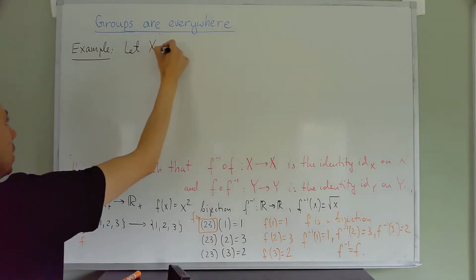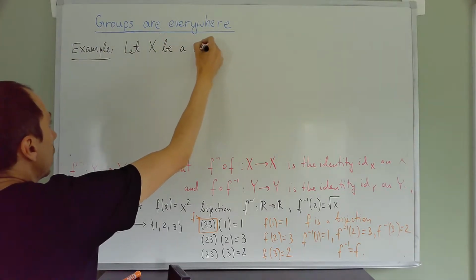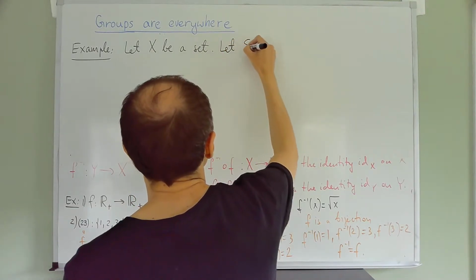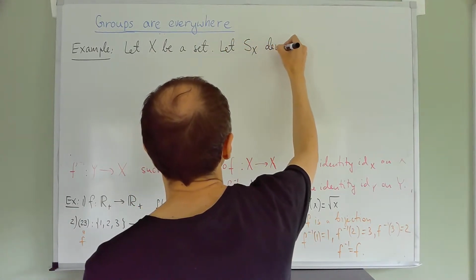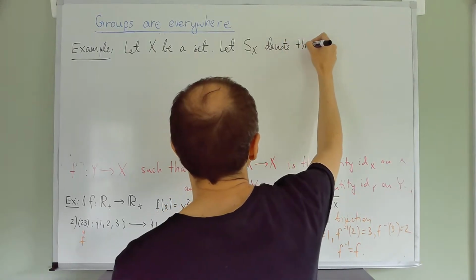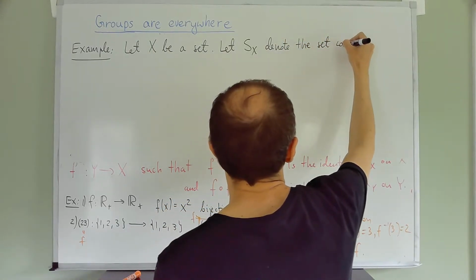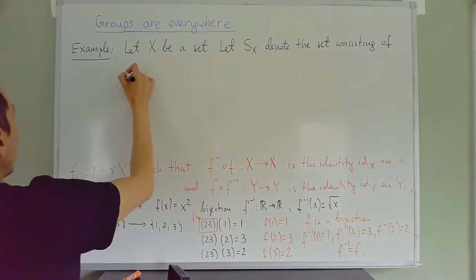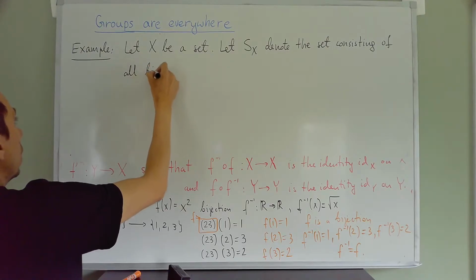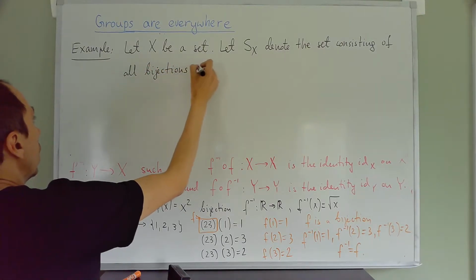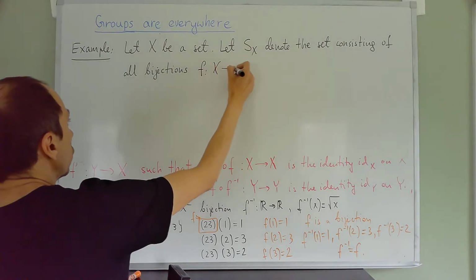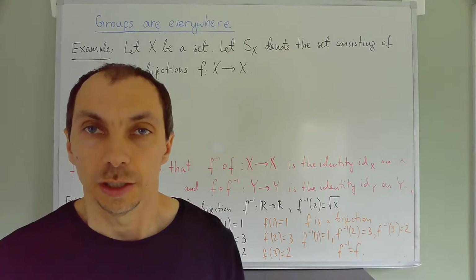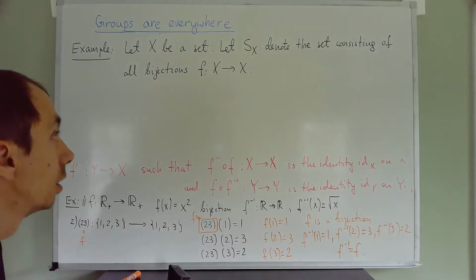Let X be a set, and let S sub X denote the set consisting of all bijections f from X to X. All bijections from X to X.